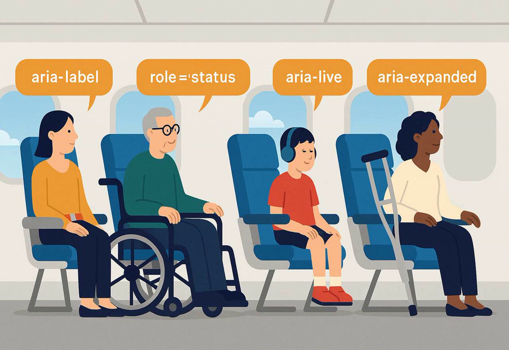But here is the thing: ARIA doesn't make things accessible on its own. And if you use it wrong, or use it too much, you can actually make your app harder to navigate for screen reader users. No ARIA is better than bad ARIA.